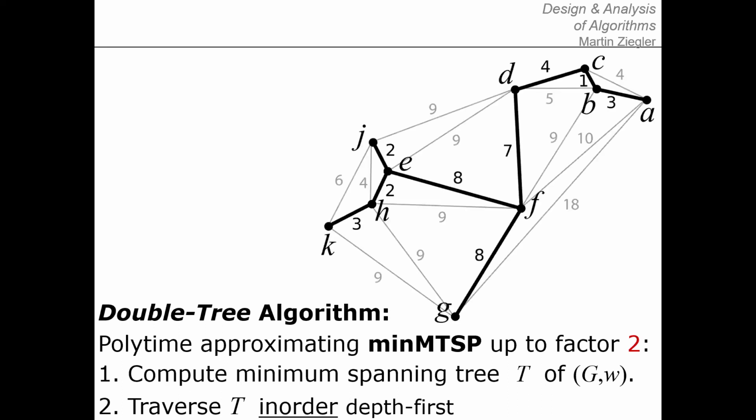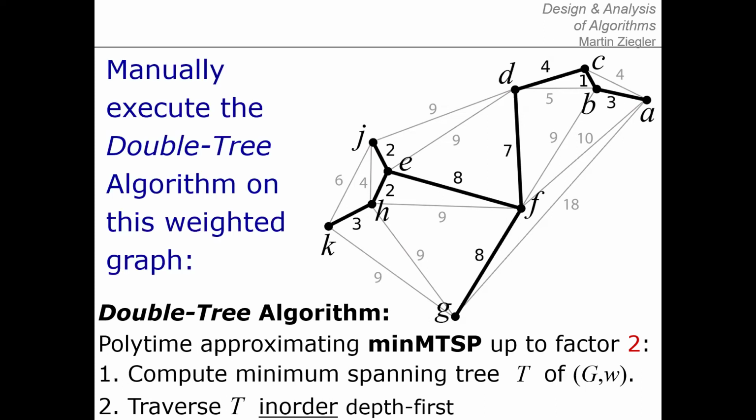And I originally wanted to have a mini quiz where you manually execute this double tree algorithm, where the first step is already finished. This is a minimum spanning tree indicated by the fat edges, and the rest are thin edges.